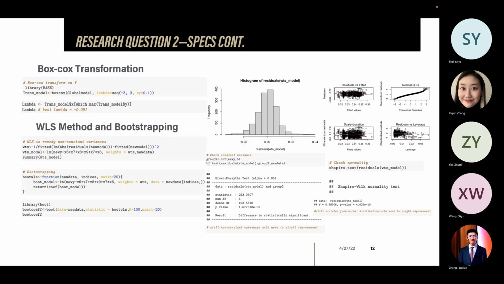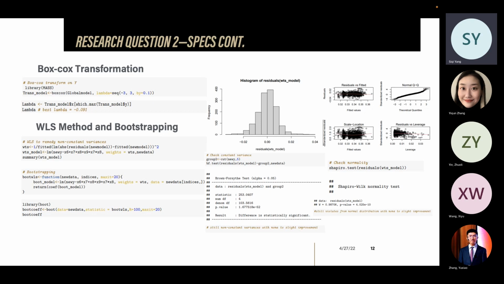Regarding the remedial measures, we initially Box-Cox transformed the response variable to cure non-normality. However, BF and Shapiro tests suggest none to slight improvements in the results. The weighted least squares method was also performed to refine the model and cure non-constant variance.